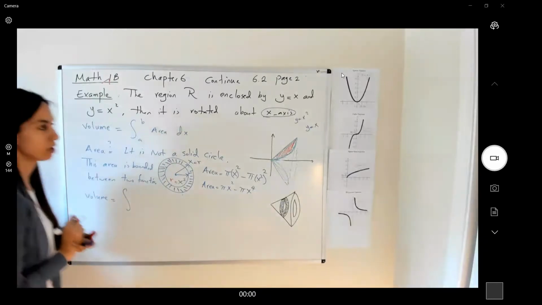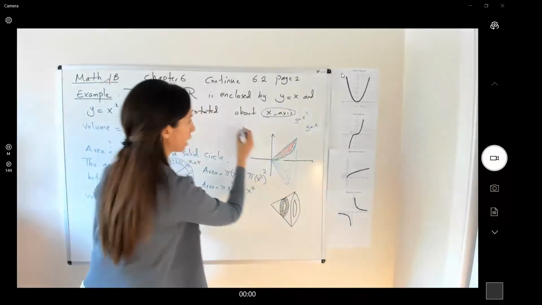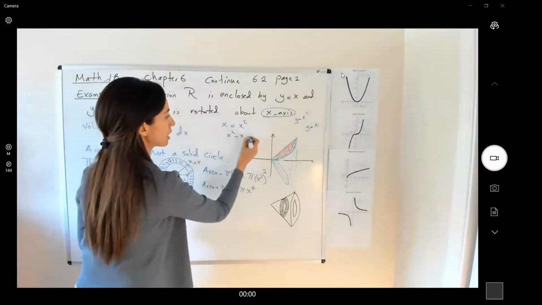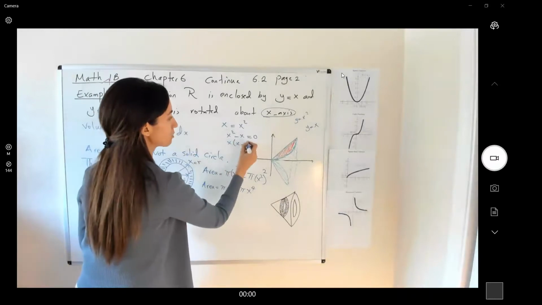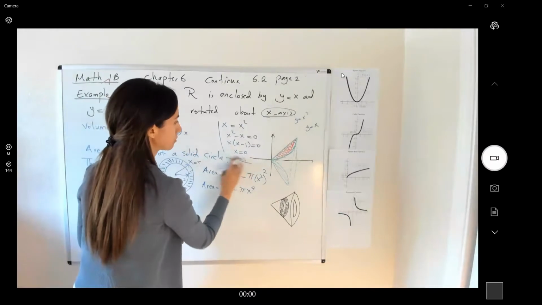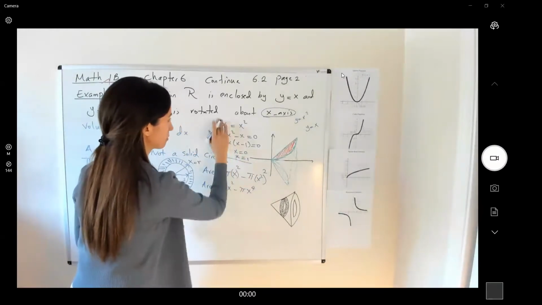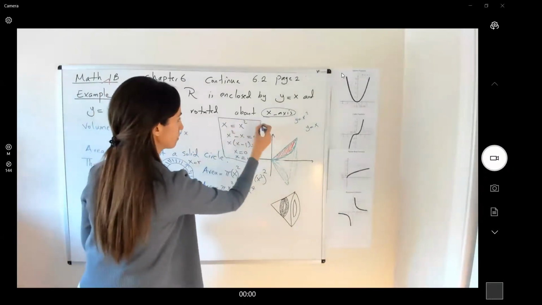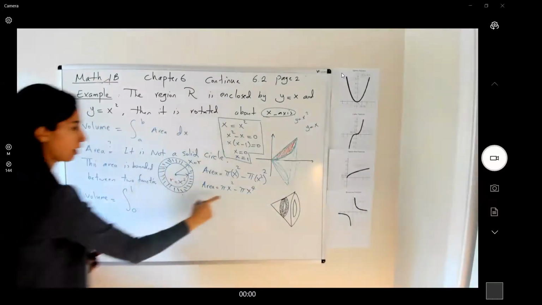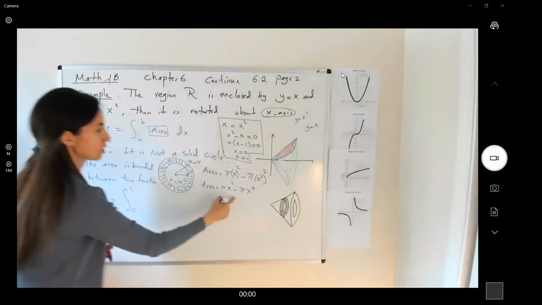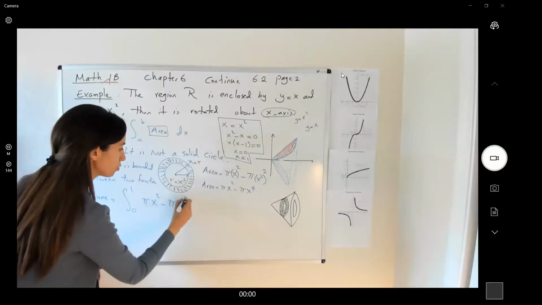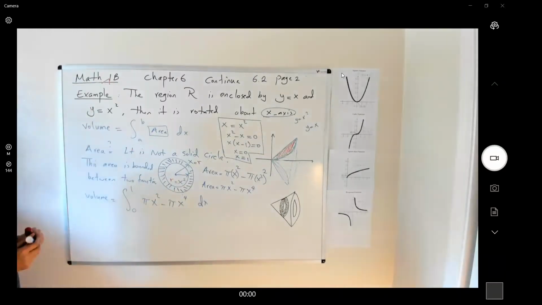Volume is the integral, and my x is between 0 and 1, because if I set x equals to x squared, then x squared minus x is equal to 0, x minus 1 equal to 0, x is 0, x is 1. So 0 to 1 of area, which is pi x squared minus pi x to the 4 dx.